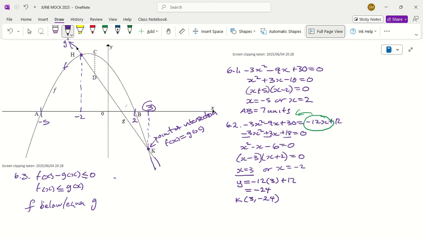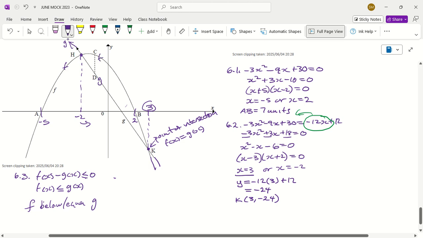But we know that if we go to the right of -2, g would be below f. G would be below f, as you can see. And then if you go to the left of -2, g is above f.